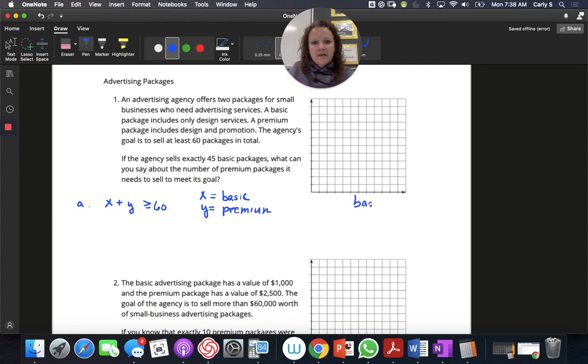So basic and premium. They have to go to 60, so 10, 20, 30, 40, 50, 60, dot here, dot there. We're a solid line, and we need greater than or equal to 60, so above this solid line.